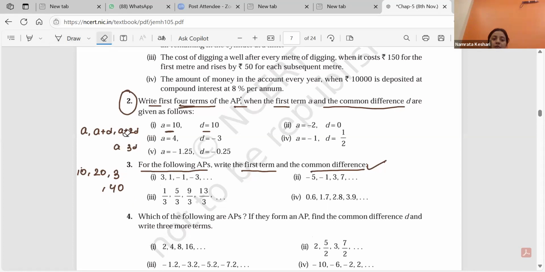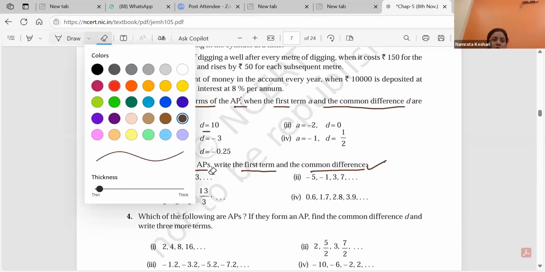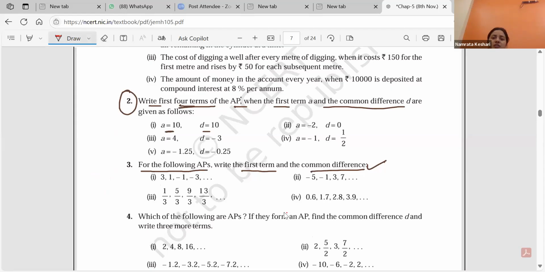Okay, let's do number 2. Again, the first term is given and the common difference is 0. We don't have to think about anything now, we know the formula. We'll be using the formula A plus D, A plus 2D, and A plus 3D. A is minus 2. If I add 0 to minus 2, again it will be minus 2.